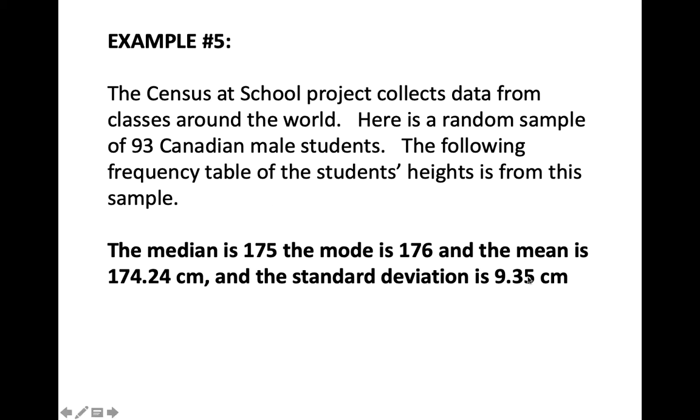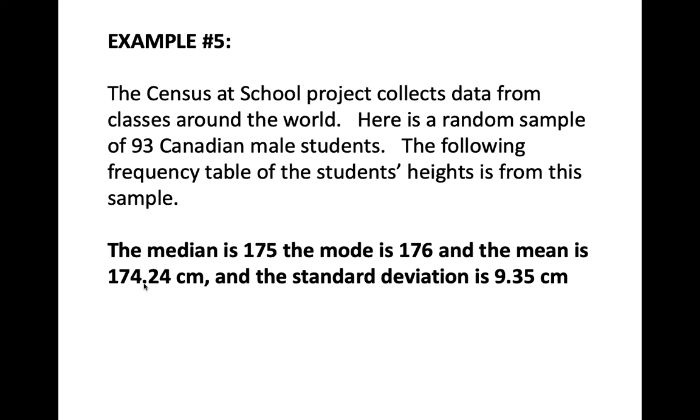It starts by giving you the following details. The median is 175, the mode is 176, and the mean is 174 and a quarter, more or less. It does tell us that the standard deviation is 9.35, which is fairly large for a standard deviation.